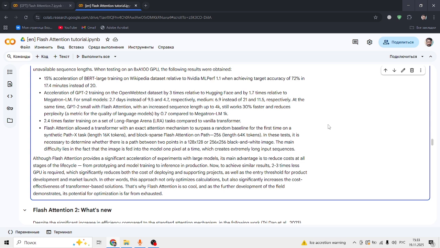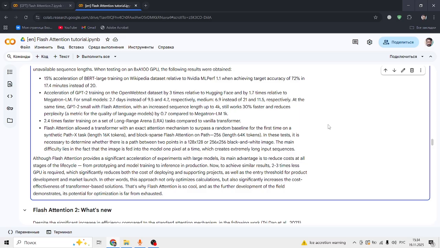So what I mean, for example, the whole training process for GPT-2, as I said before, 21 days, and we can use 3 times fewer GPUs to get the same result with FlashAttention. So that means that we don't need to use 800 GPUs.